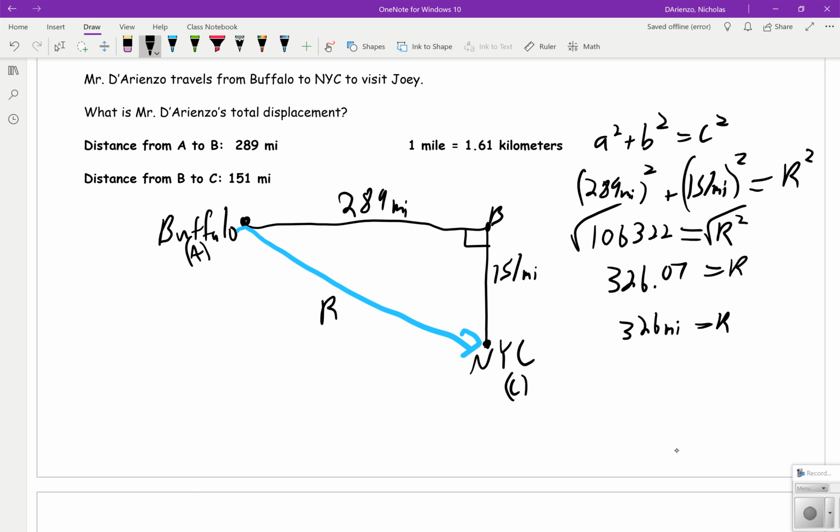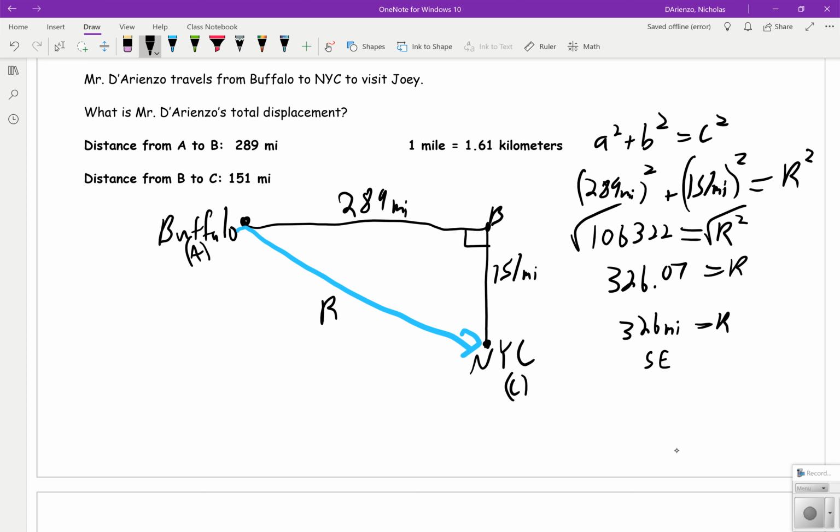Now that's our displacement or our resultant vector. The direction there would be southeast. If our drawing and our vector in our drawing is scaled, then the direction that the arrow is pointing is the direction of our displacement, and therefore we don't necessarily have to write it down in our answer. That's on a scale drawing.